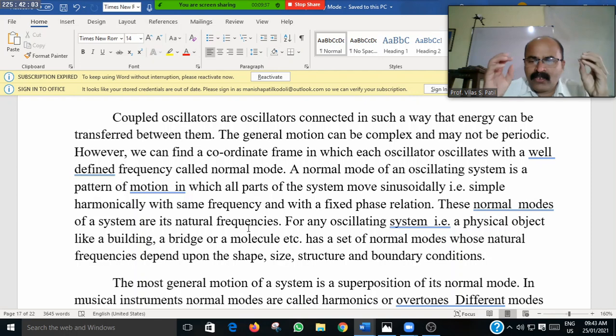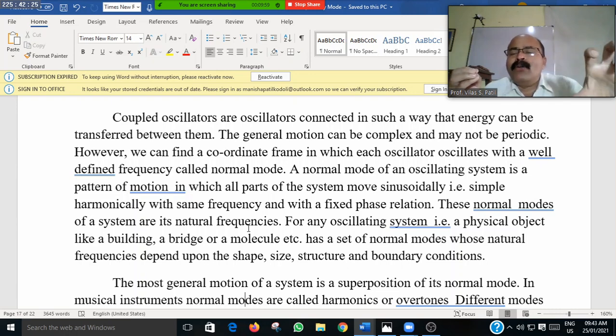Consider that there are two simple pendulums suspended, and they are connected with a very small spring. If one of the pendula is displaced from its equilibrium position, then its energy will be transferred through the spring to the other pendulum, and the other pendulum also starts oscillating about the mean position.